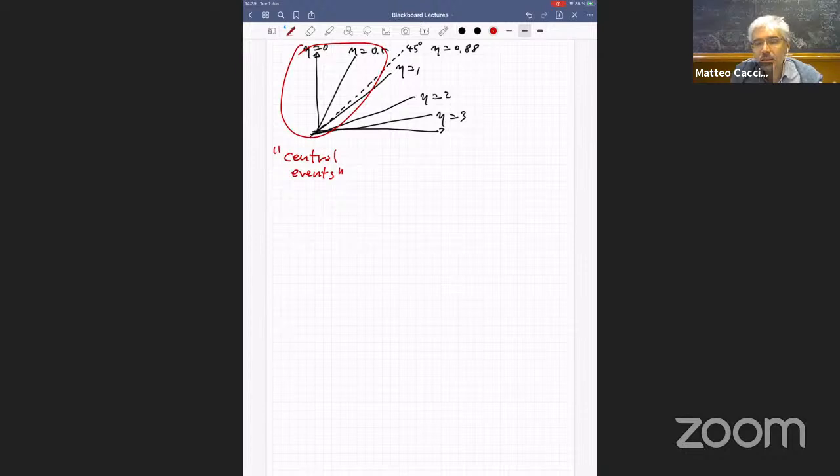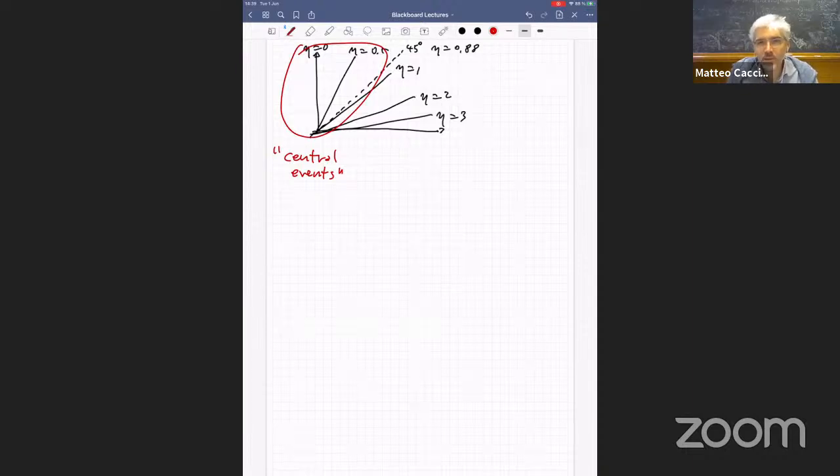At the LHC, where you have very high energies with respect to the mass of the particles, if you consider individual hadrons or individual leptons, essentially eta and y are almost identical.